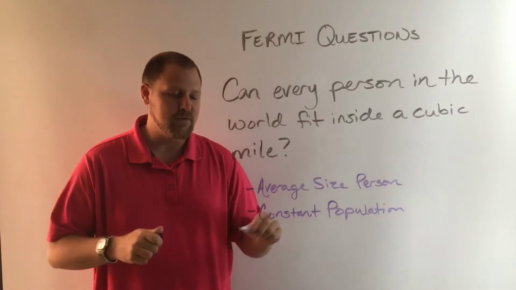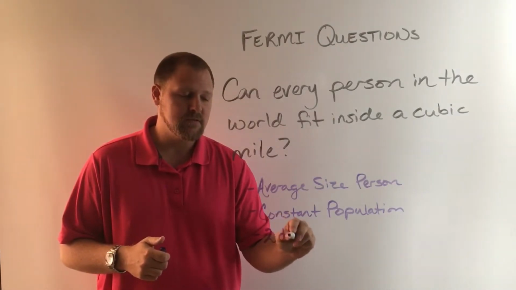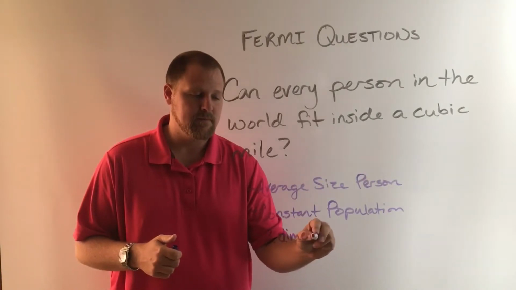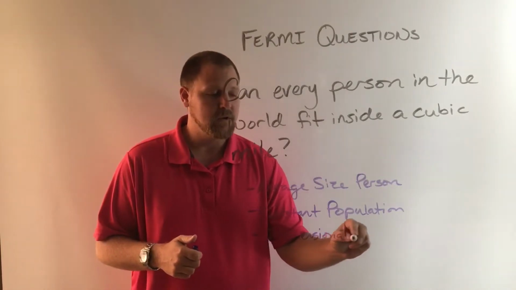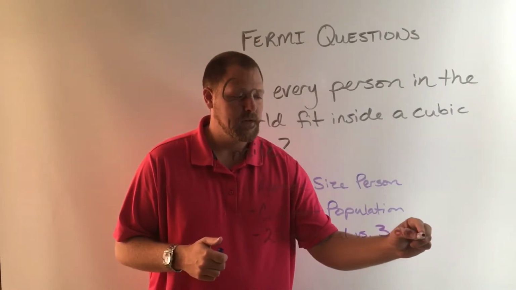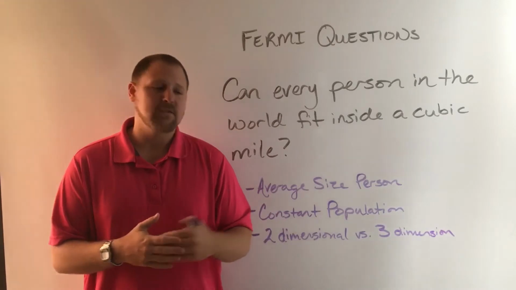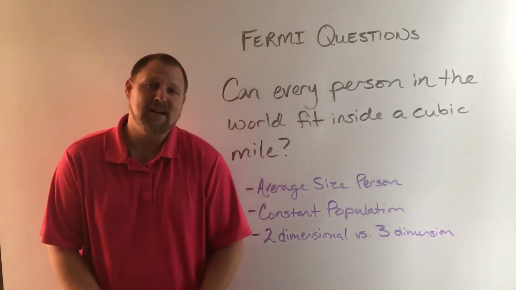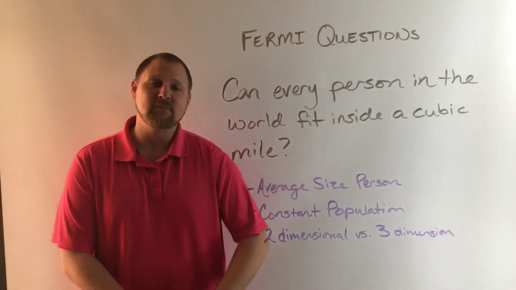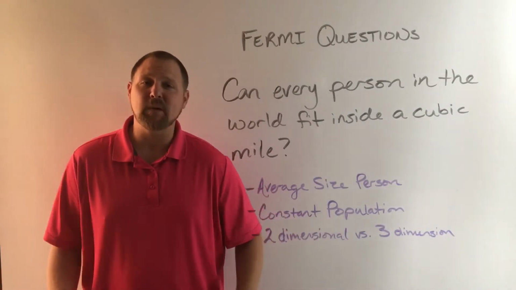And so we have to figure out the two-dimensional versus the three-dimensional calculations. If we're talking 2 dimensions, now we're talking about everybody standing inside of a cubic mile and only taking up basically that foot space.